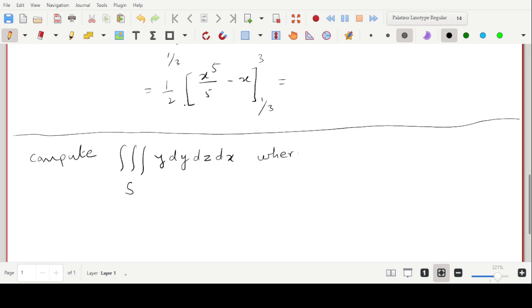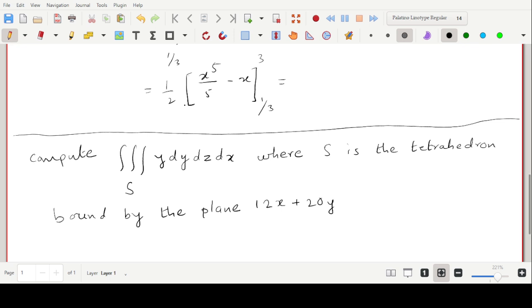where S is the tetrahedron 12x plus 20y plus 15z equal to 300, lying in the first octant.